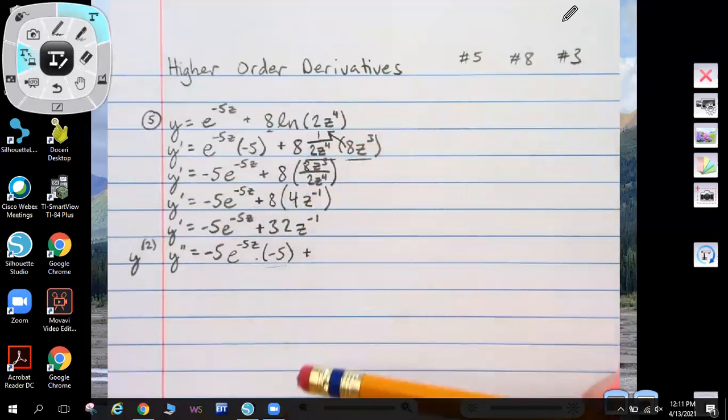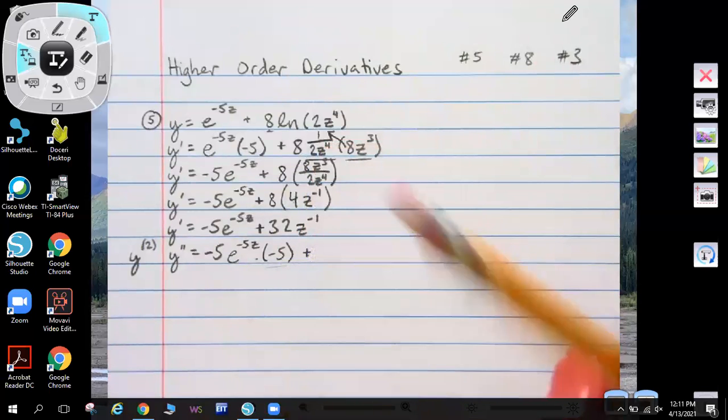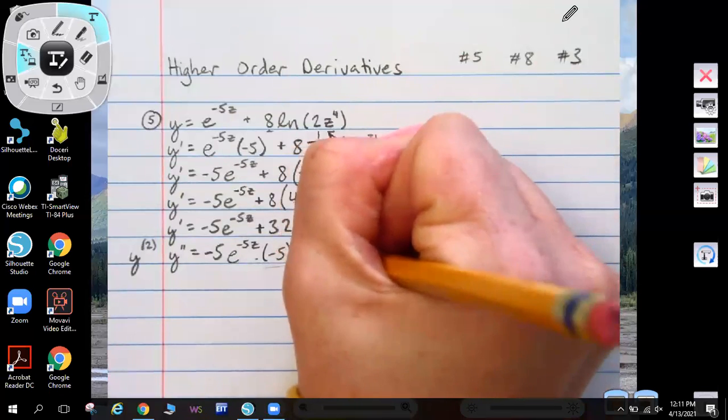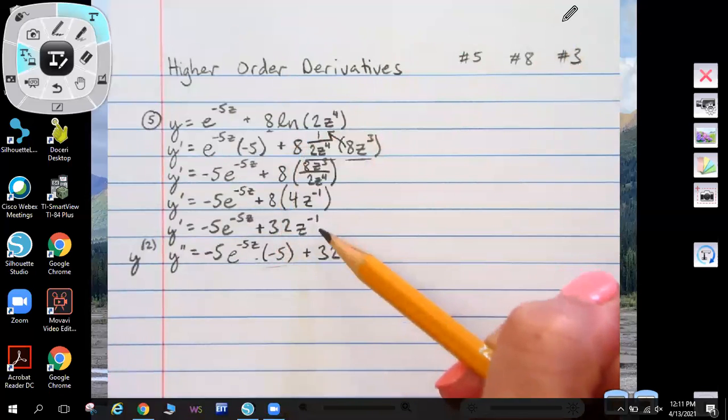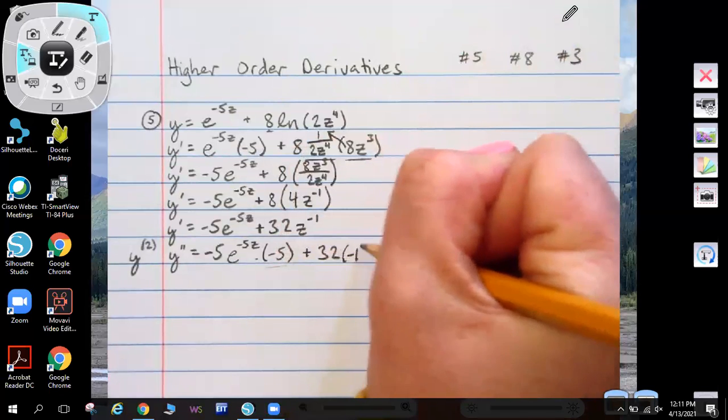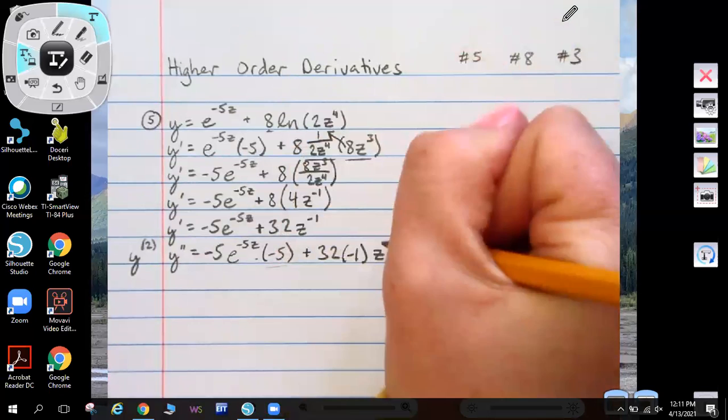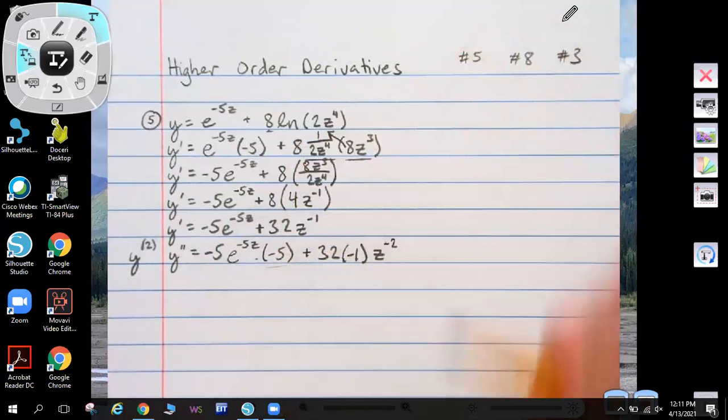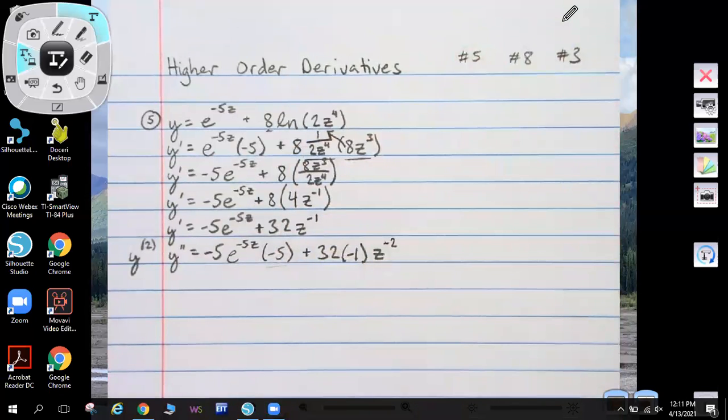Okay, the derivative of 32z to the negative 1st power, the 32 stays, z to the negative 1st, we use the power rule, so the negative 1 comes down in front, z, and then we subtract 1 from the exponent. So our new exponent is negative 2.